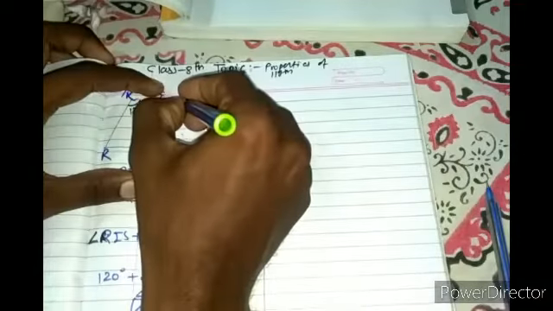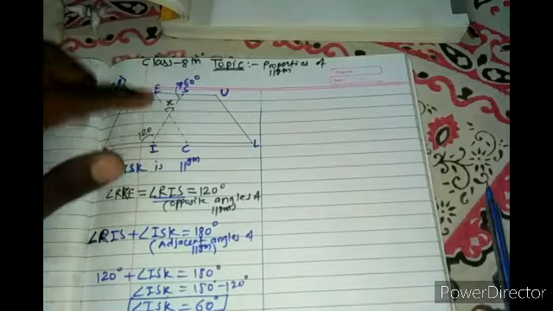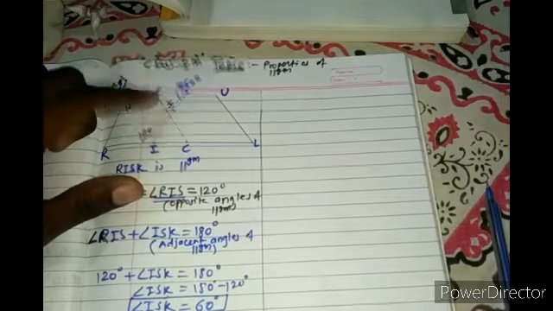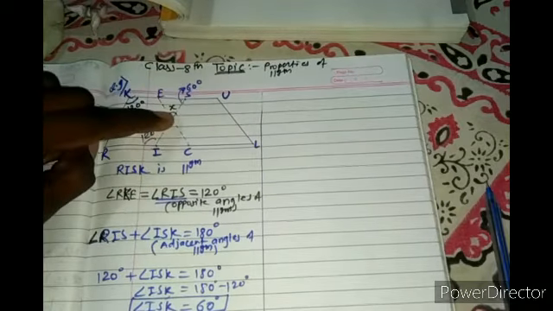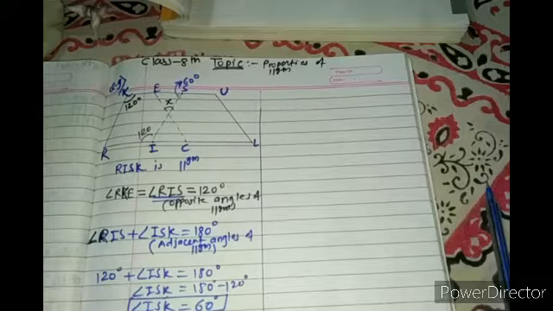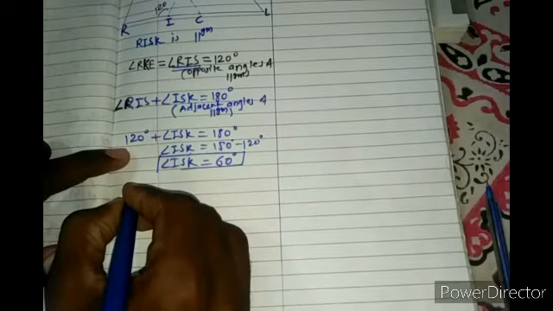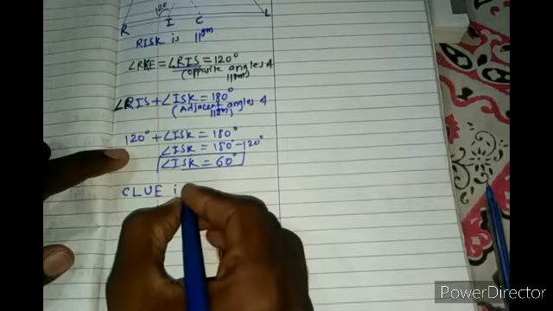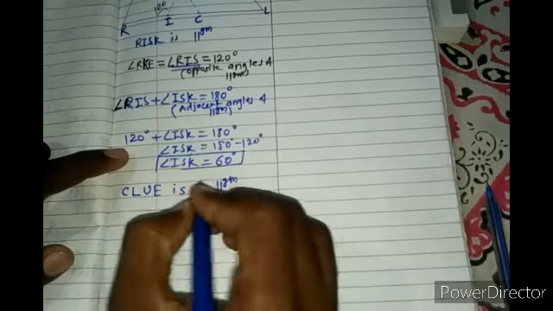So now we got 60 degrees. This is 60 degrees. Now we have to only find this angle E, and we will get the angle x by the angle sum property of a triangle. So now we will take the other parallelogram, CLUE, which is a parallelogram.